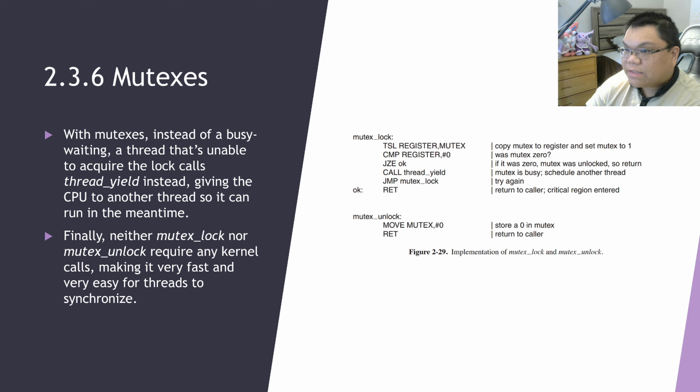Here, there is. With mutexes, if a thread can't enter its critical section because there's another thread, it will give up the CPU core to another thread that is ready to run, so that way there is something running in the meantime. Keep the CPU busy.